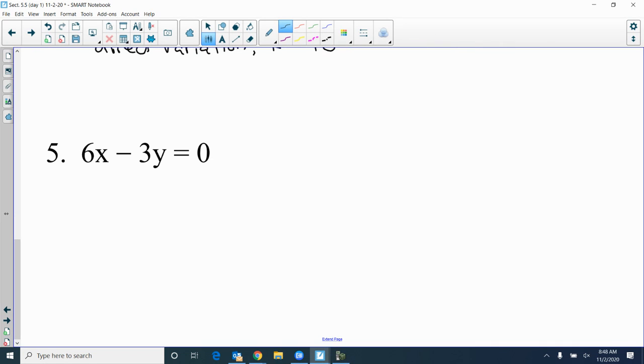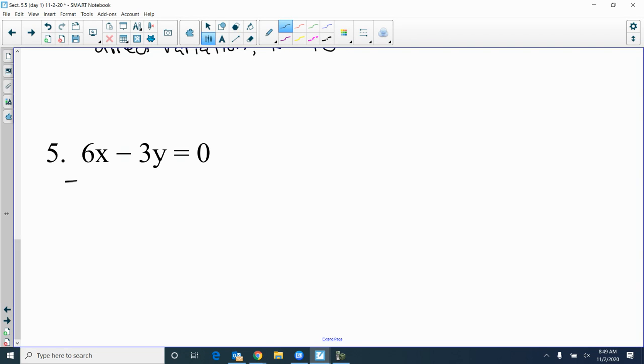If you think you can figure this out, go ahead. If not, then wait and we'll go in together. 6x minus 3y equals 0. Is it direct variation?